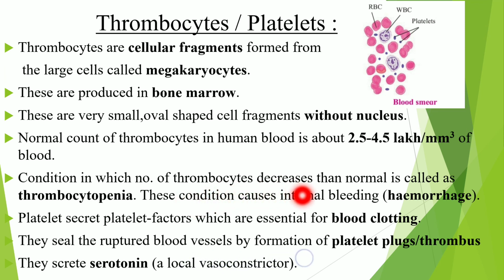This condition causes internal bleeding. So the blood vessels or blood capillaries can break, and it can cause internal bleeding, which we call hemorrhages. These platelets can secrete platelet factors.